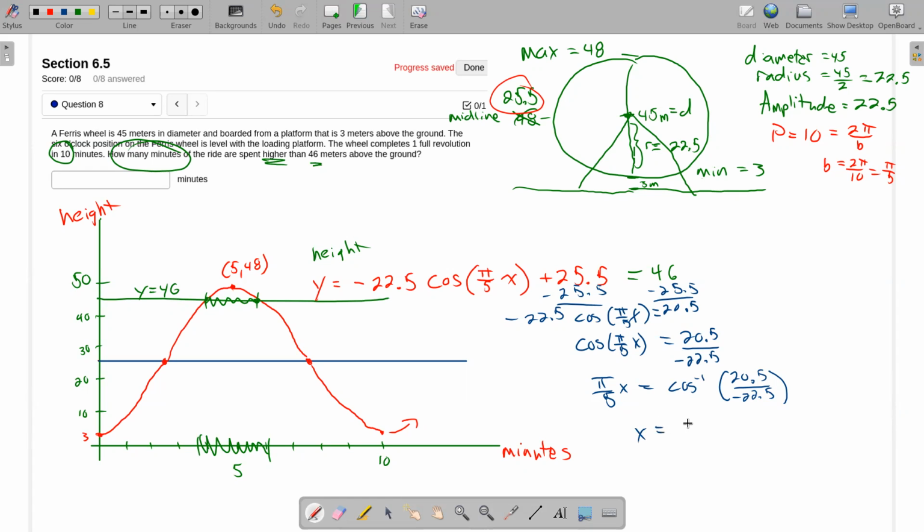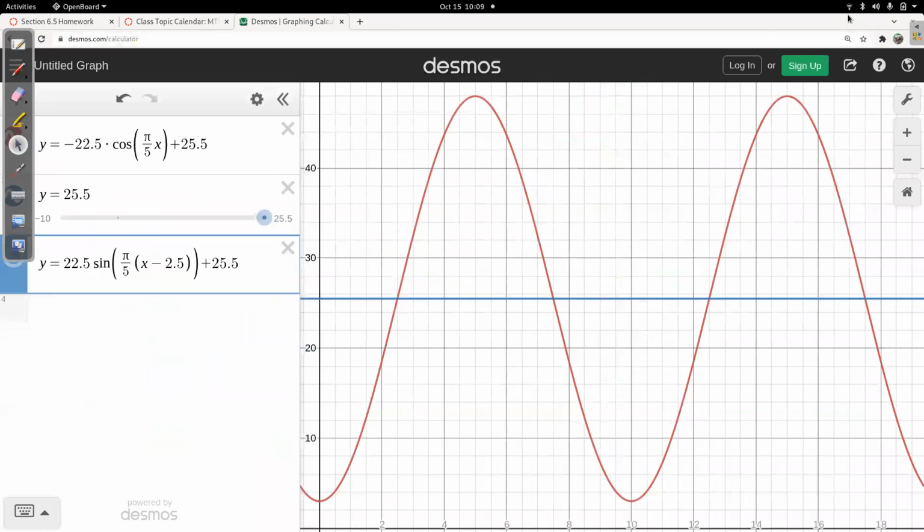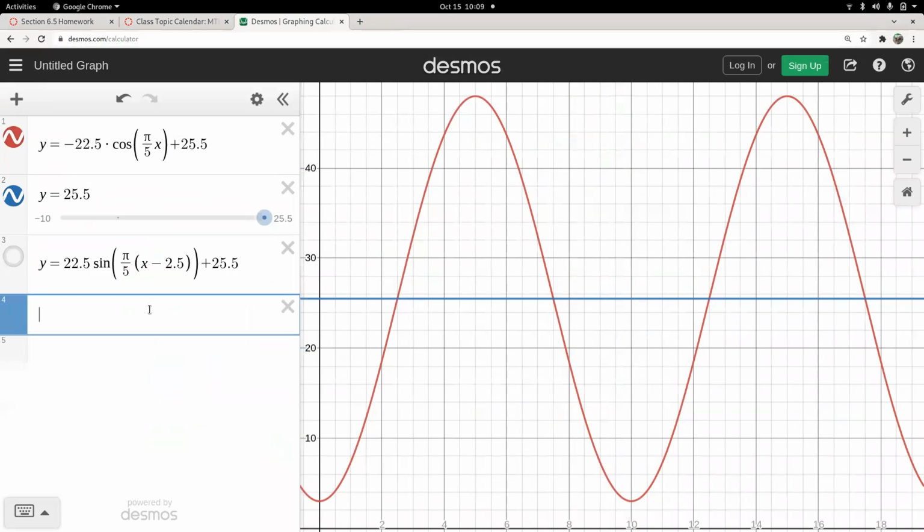So then x should be, sorry, 5 over pi times the cosine inverse of 20.5 over negative 22.5. And that should give me this first intersection point. So let's calculate that and then compare it to the graph. Did I get that 46 minus correct? 46 minus 25.5, yes, 20.5.